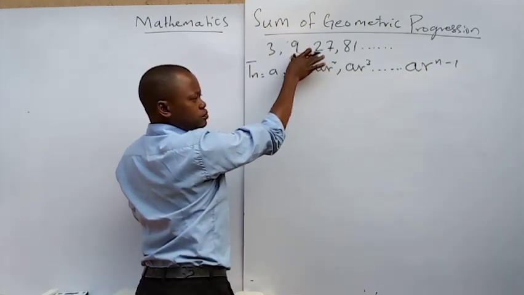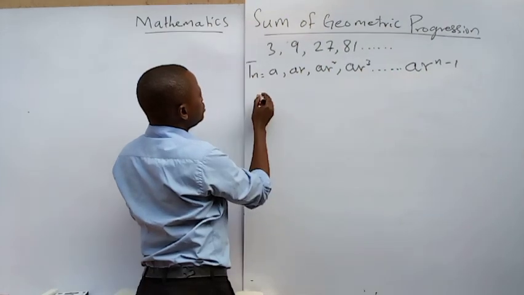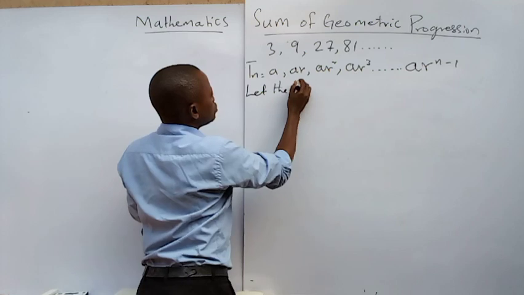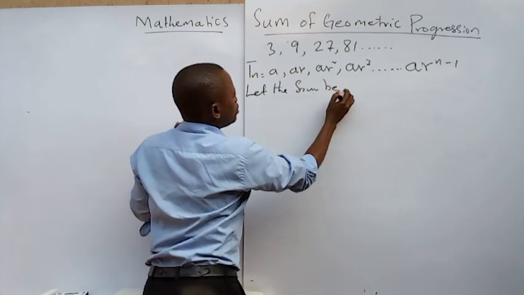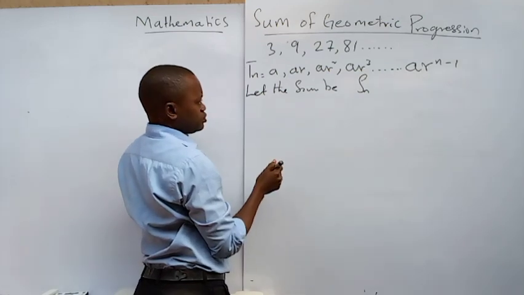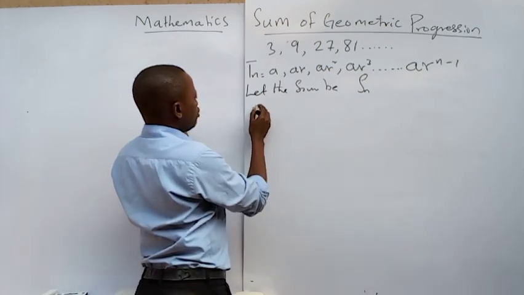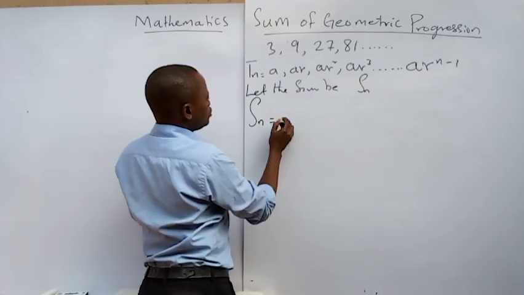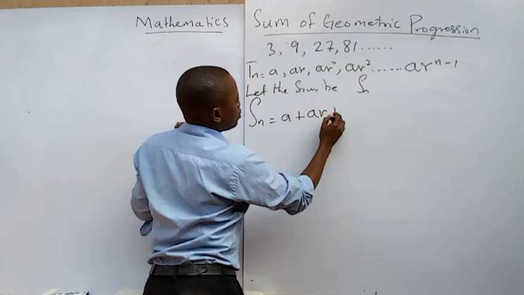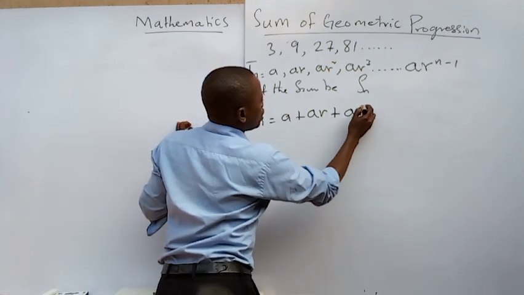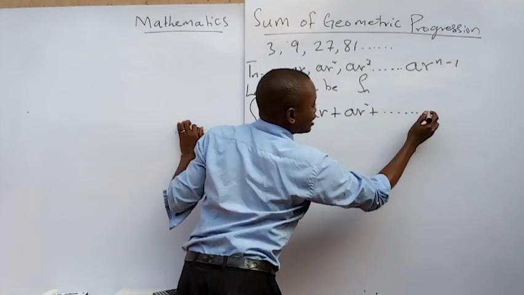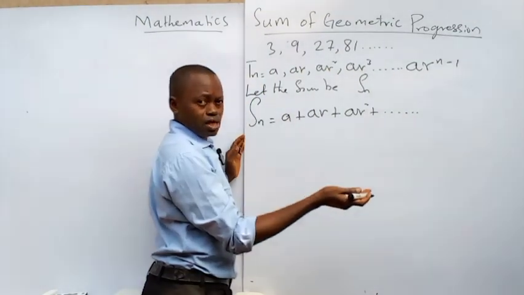mathematical figures, I can say let the sum be Sn. I want to use this abbreviation to represent it. That means Sn is equal to the first term A plus the second term AR plus the third term AR squared plus, I will continue until I get down to the last, maybe that seventh term that I want to calculate.